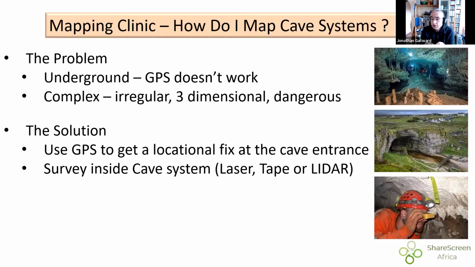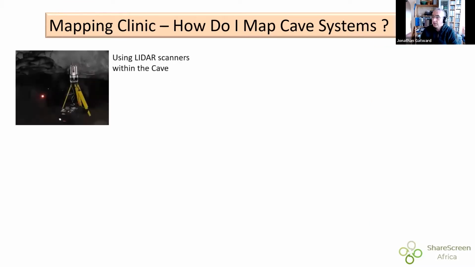All of these different survey methods will allow you to survey distances, directions, and heights of the cave system underground. And as long as you can tie them back at the beginning of the survey to a locational fix of the cave entrance, then you can work out the geographic location of all the other measurements within the cave system.